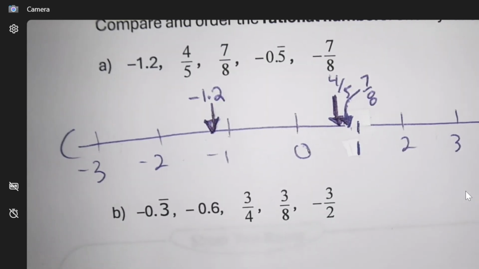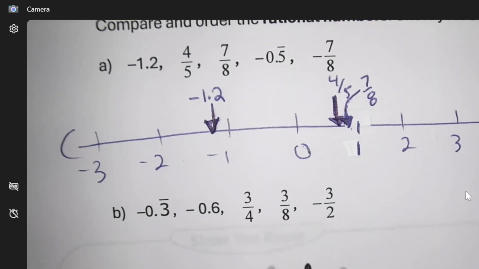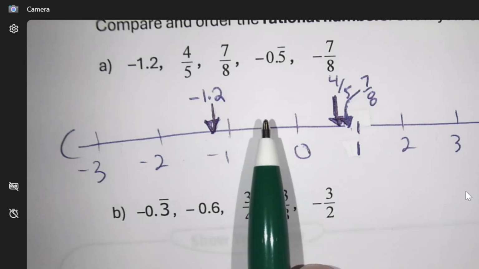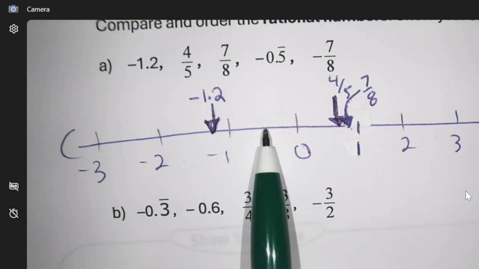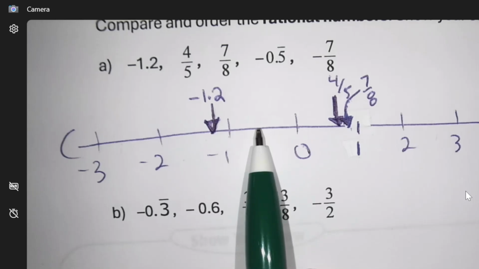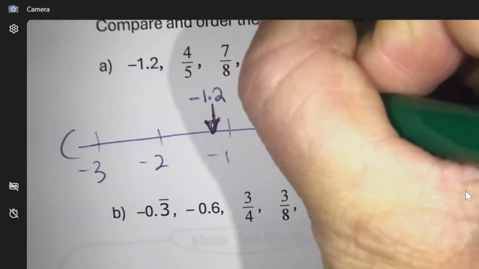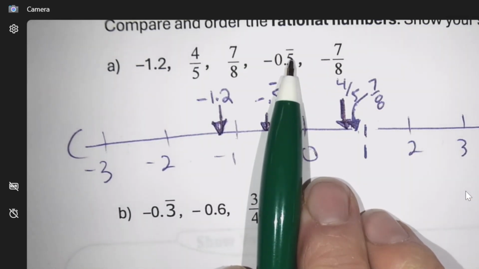Okay, what else we got here? Negative 0.55555. So I'm on the negative side of 0. And I know 0.5 exactly is halfway. So which side of halfway should I be on? Left or the right? A little bit to the left of it. Do you know this symbol with the line on top?